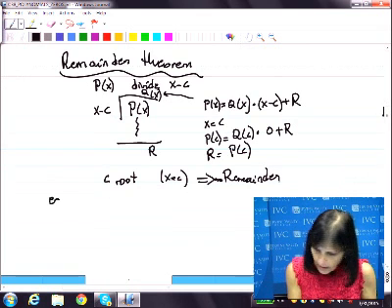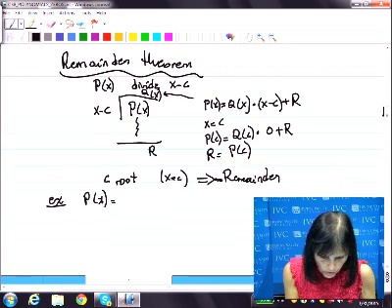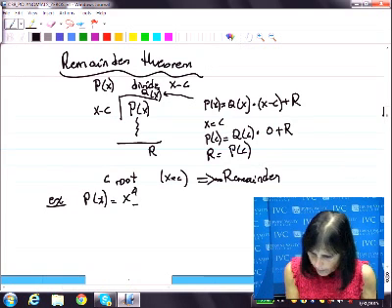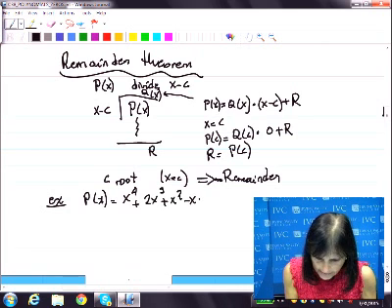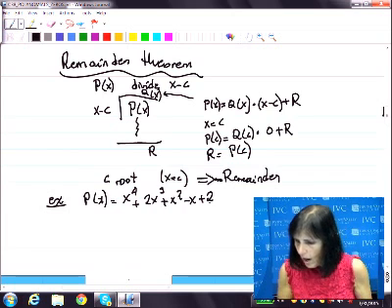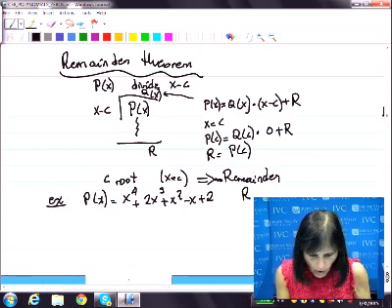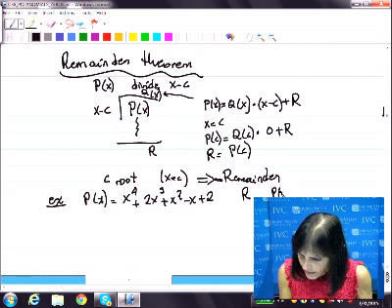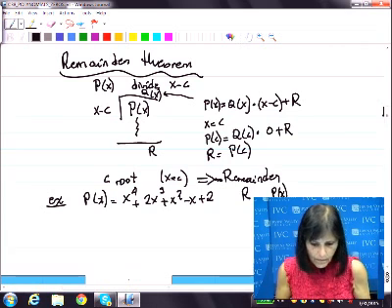Okay, here's an example. Let's say I have p of x equals x to the 4th plus 2x cubed plus x squared minus x plus 2. The question is, what is the remainder when you take p of x and divide it by x minus 3?